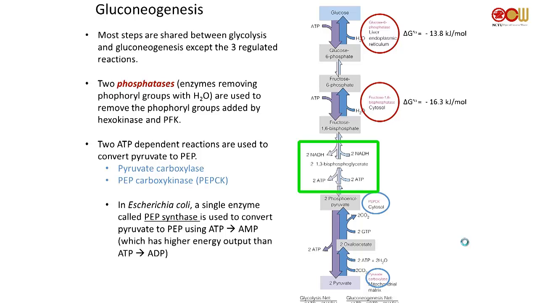I mentioned there was an exception here with 3-PG to 1,3-bisphosphoglycerate, using 3-PG plus ATP to 1,3-BPG. This one is reversible, because it just so happens that the energy is okay. And for the other two, here you have fructose 1,6-bisphosphate going back to fructose 6-phosphate. If you were to produce ATP, then you have a delta G of positive like 16 or something.